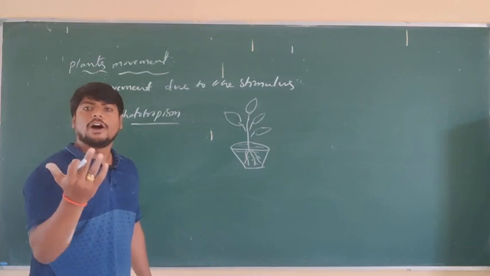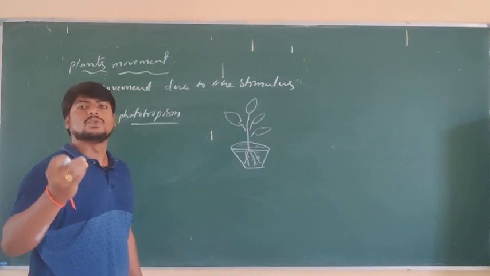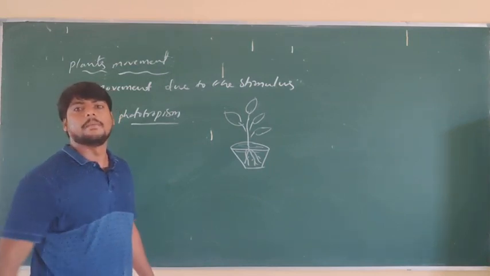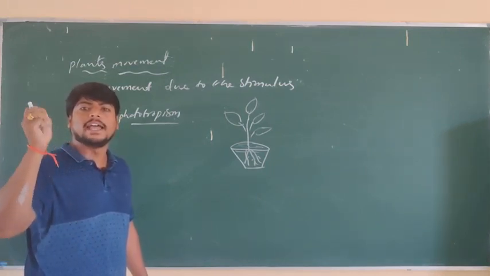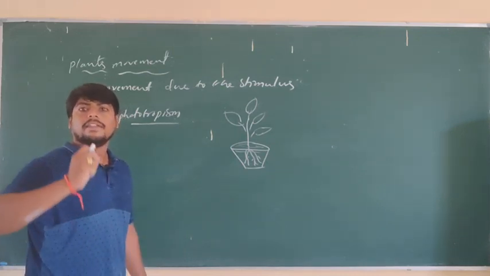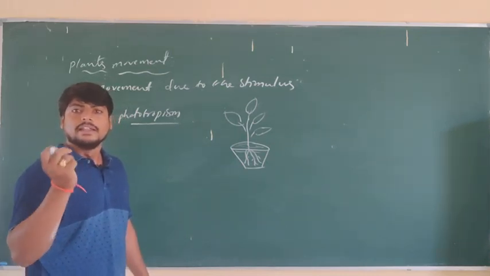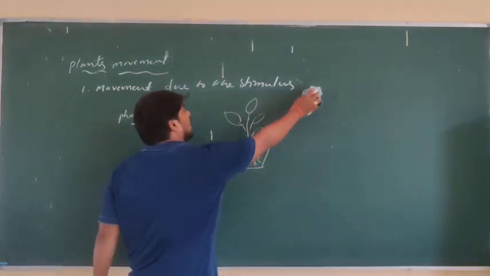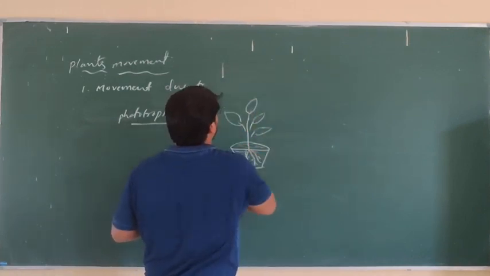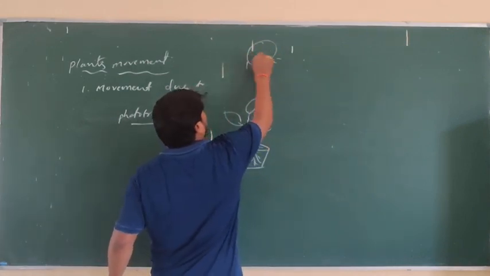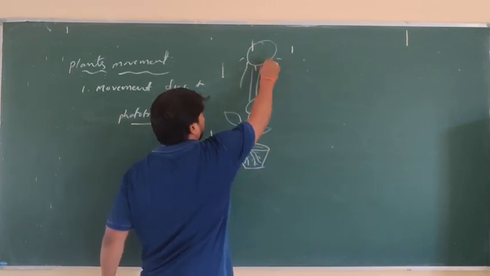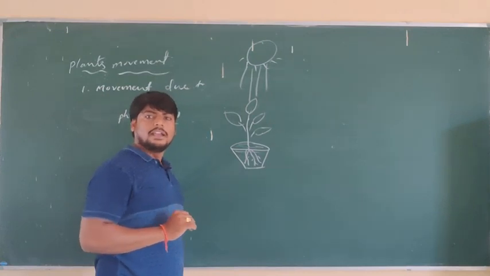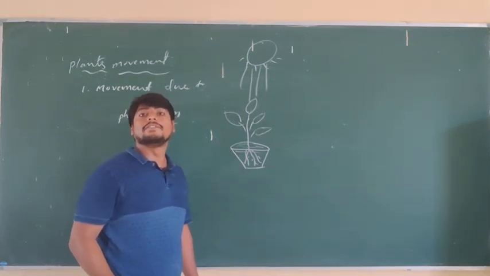The movement of the plant towards the light is called phototropism. Here light is the factor that activates the hormones of the plants that help them move towards the light. That kind of movement is called phototropism. Here light is the stimulus.